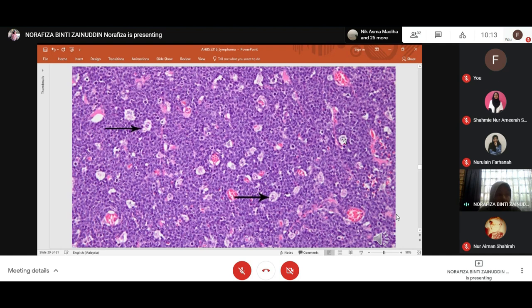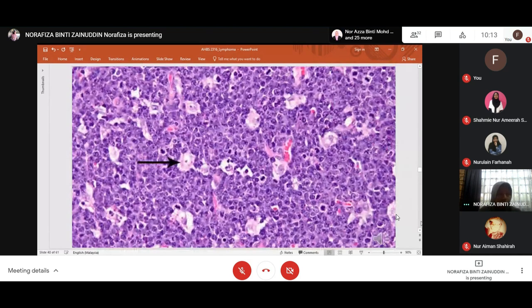This represents apoptotic cell debris. This is a typical low magnification picture of the starry sky appearance, caused by abundant large histiocytes. This is also a feature of Burkitt's lymphoma.